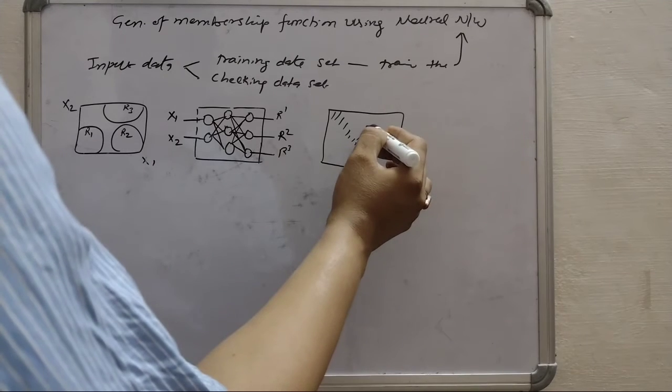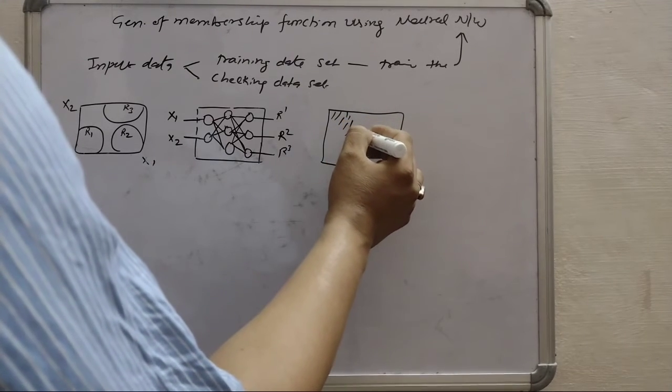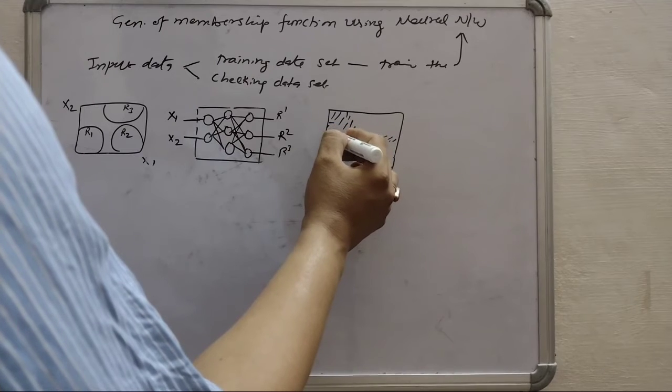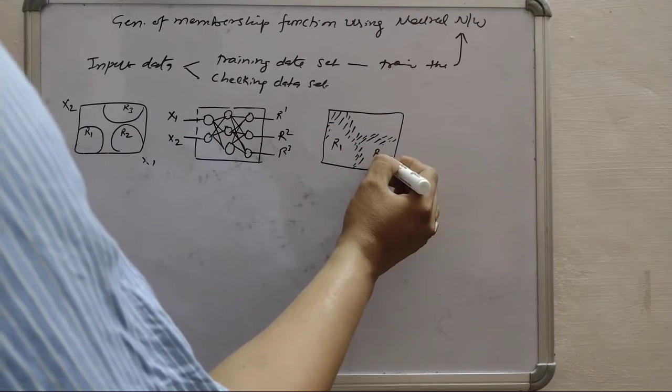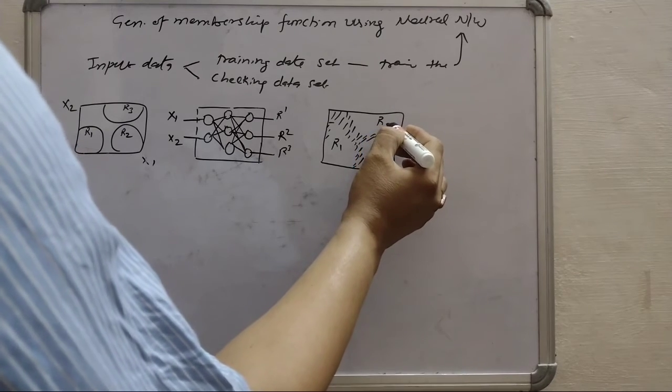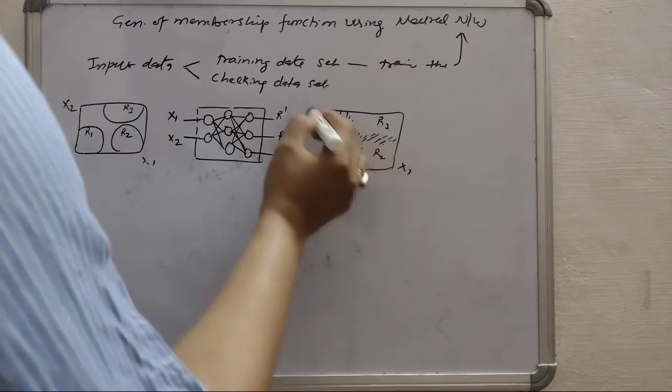This shaded part is there. So we can say that this is R1, this is R2 and this is R3. Here, the inputs are X1 and X2.